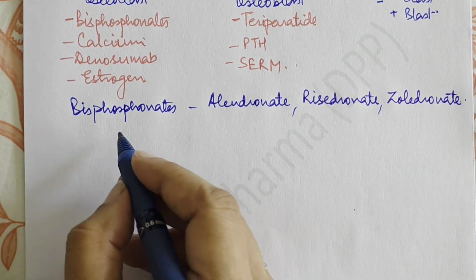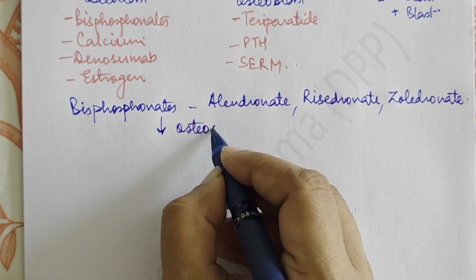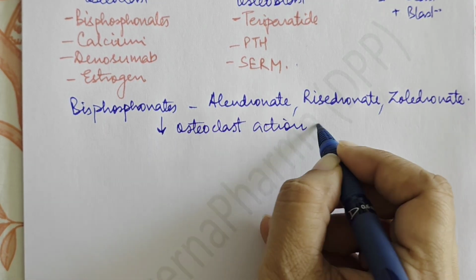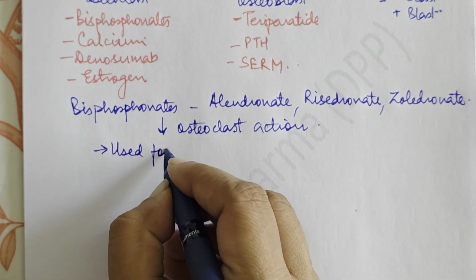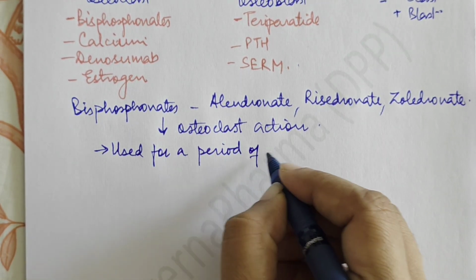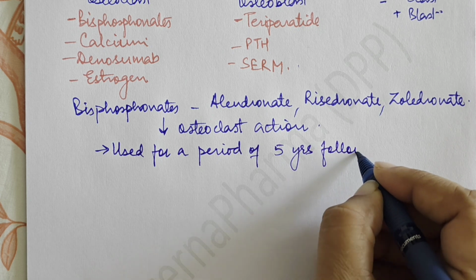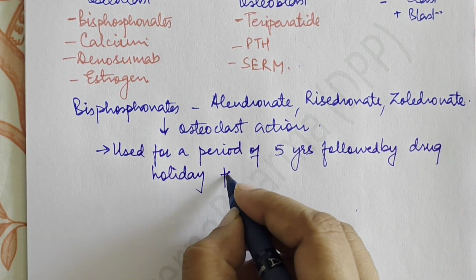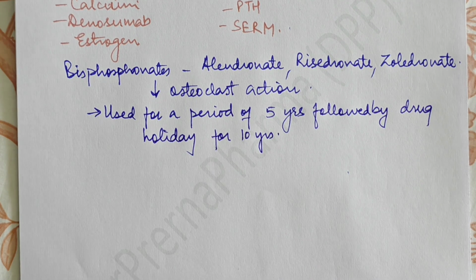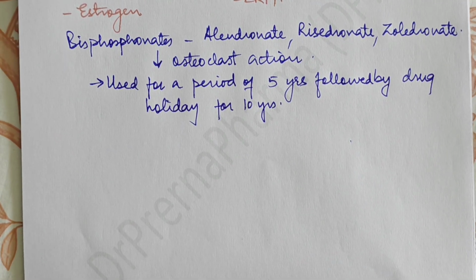Now these drugs inhibit the action of the osteoclast. They are used for a period of 5 years, followed by a drug holiday period for 10 years. So these drugs are not given continuously, they are given for a particular duration, then followed by a drug holiday.